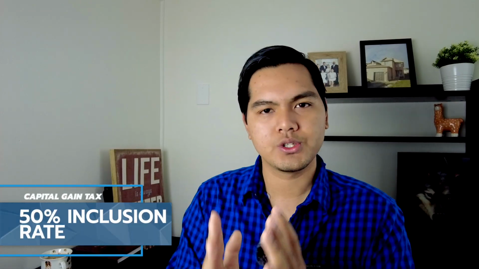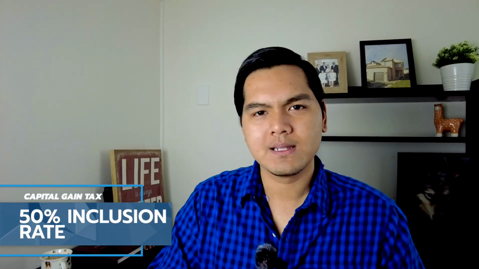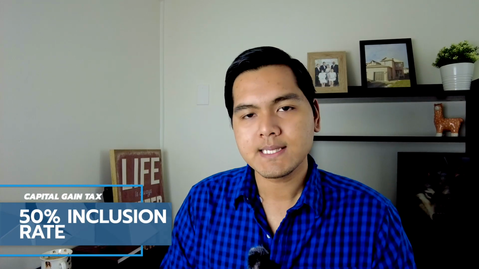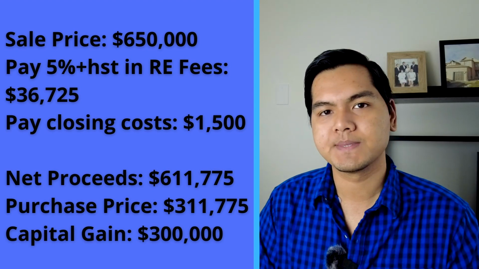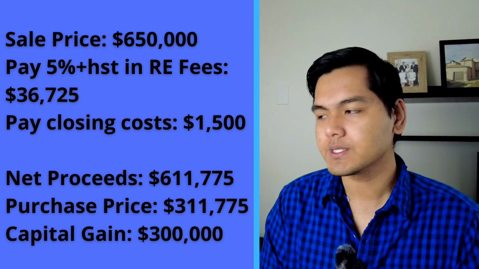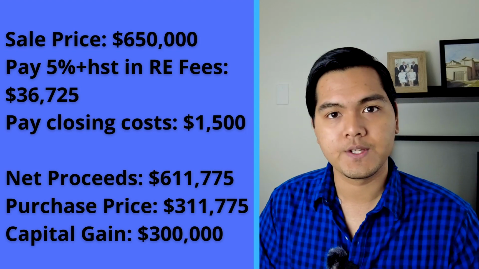So when it comes to the capital gains tax, let's start with a key concept. It's a little bit hard to wrap your head around, but it's called the 50% inclusion rate. So to explain that fully, let's go into a quick example here. We're going to have a property we're selling for $650,000. We're going to have about $36,725 in real estate commissions and closing costs of about $1,500.